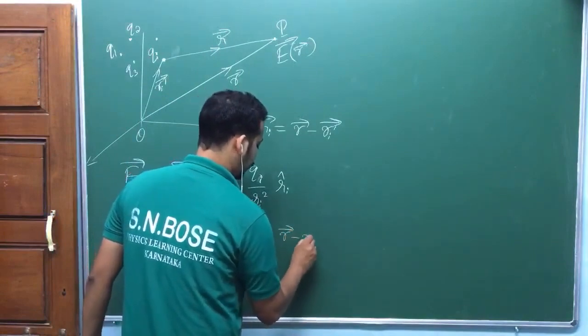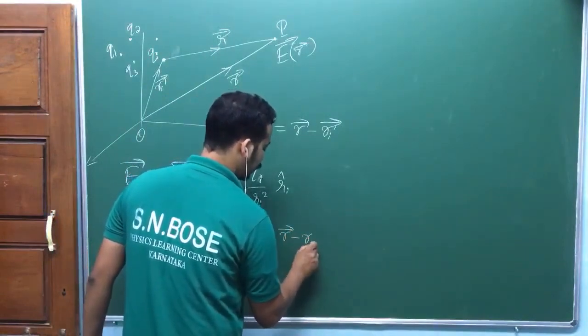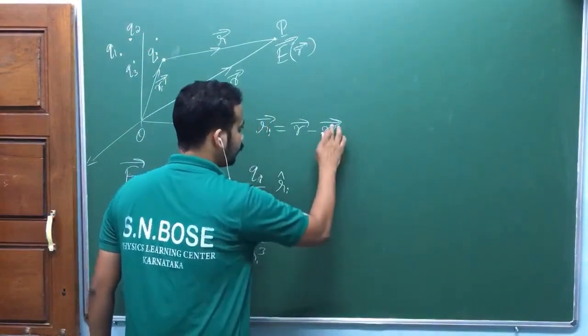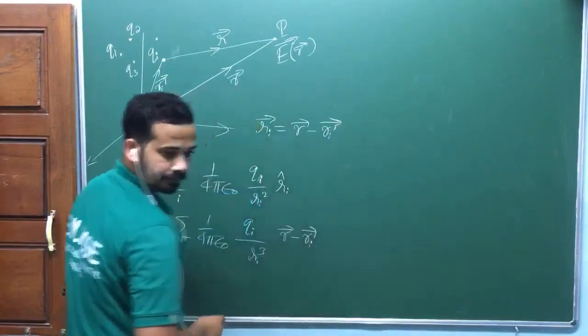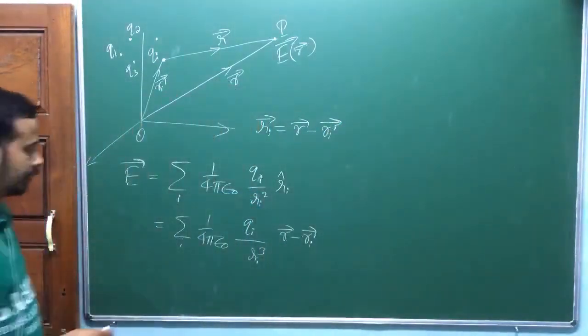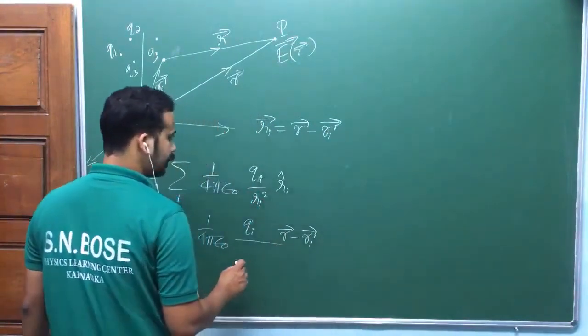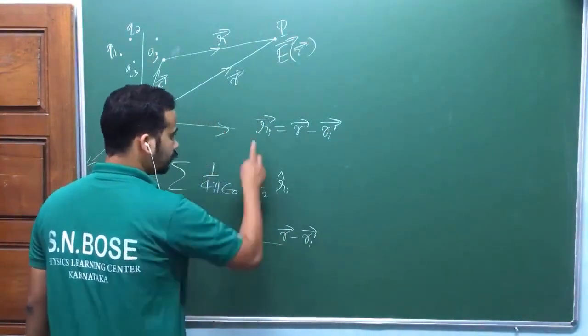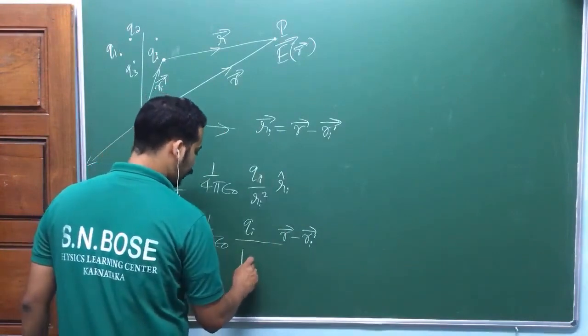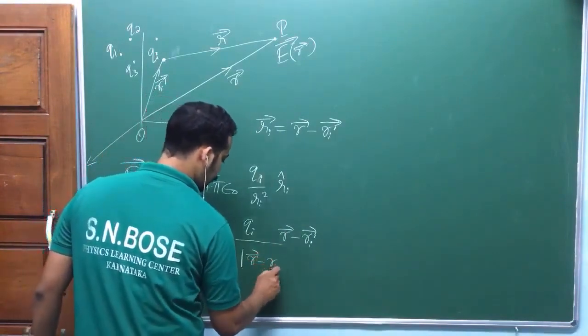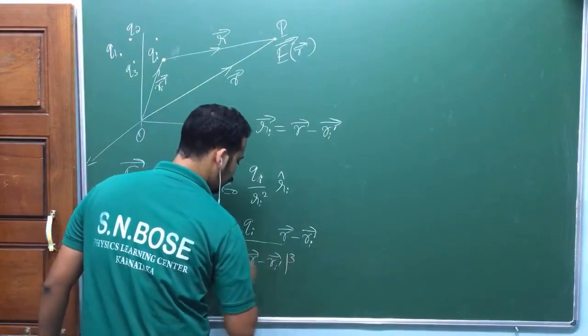It is R vector minus Ri prime vector. Can you see this prime? Divided by Ri cube. What is Ri cube? It is the mod of that cube, the mod of R vector minus Ri prime vector, the whole cube. Can I write like this?